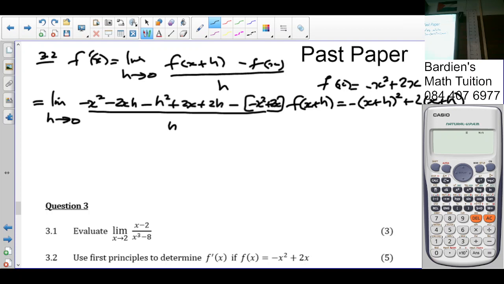And that's all over h. If I multiply the negative out, I'll get positive x squared, which cancels the negative x squared. You get negative 2x, which cancels out positive 2x.